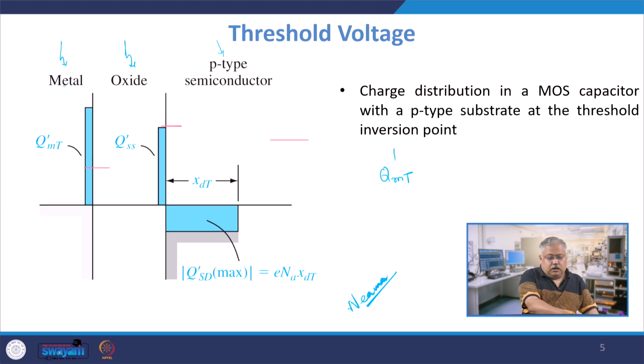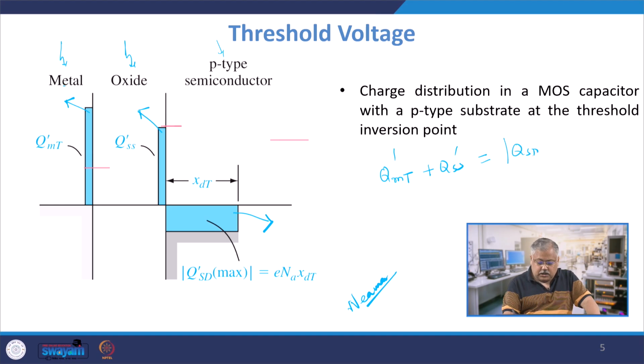You see, you have a blue colored box here, a blue colored box here, they are both positive, and you also have a blue colored box on the semiconductor side which is negative. So, if you add these two, QMT plus QSS prime, they have to be equal to QSD prime max. I will explain, and I hope you understand by this time why it is like that.